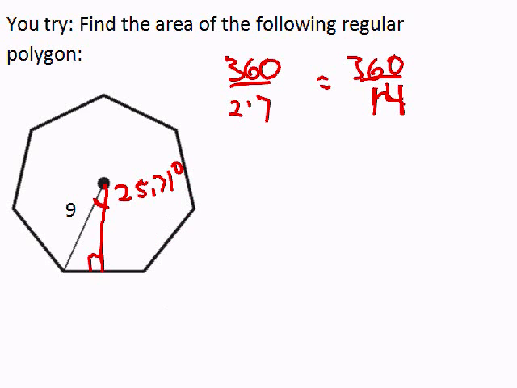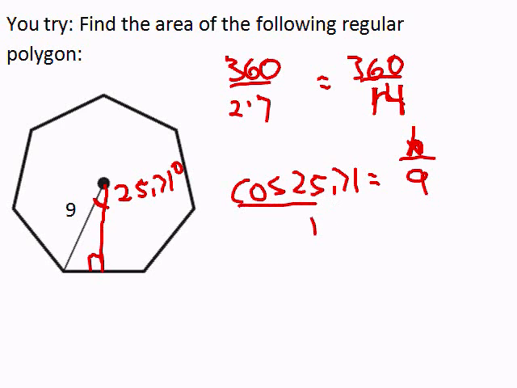Now to find the height, you'll notice that we're looking for the adjacent, since the height is adjacent to 25.71, and we have the hypotenuse. So we're going to use cosine 25.71 is equal to the adjacent over the hypotenuse. So I'm going to say x, or the h if you want to call it the h, over 9.